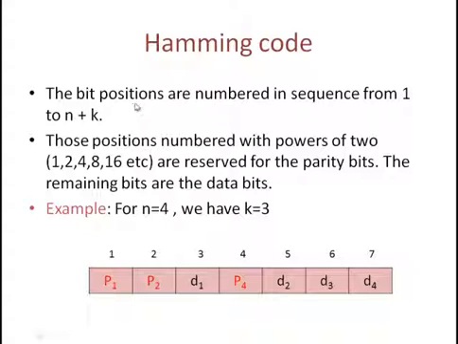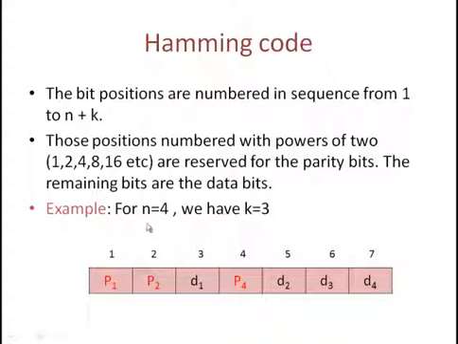The bit positions are named in sequence from 1 to n plus k. The positions which are numbered with powers of 2, that is 1, 2, 4, 8, 16, are reserved for parity bits, and the remaining bits are the data bits.